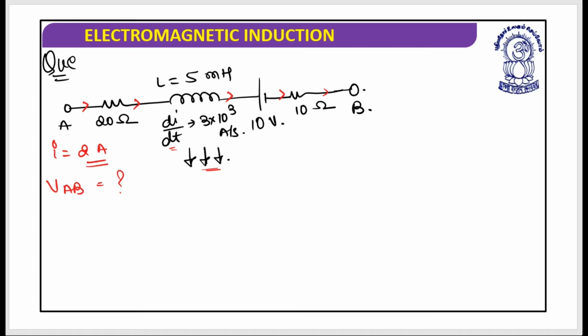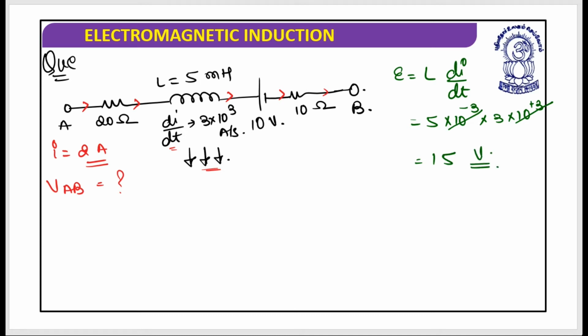So I first need to find out the magnitude. Let's calculate the magnitude of this battery. That will be L di by dt, which is 5 into 10 to the power minus 3 multiplied by 3 into 10 to the power plus 3. The plus 3 and minus 3 cancel, and this is equal to 15 volt.